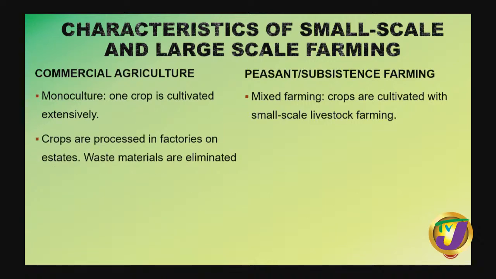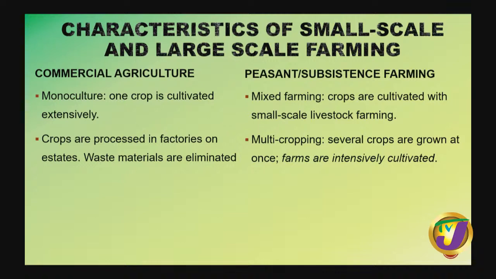Crops are processed in factories on estates, and the waste materials are eliminated. Whereas on peasant farms, multi-cropping is done, meaning different types of crops are grown at the same time. There is use of modern technology on commercial farming as opposed to peasant farming.